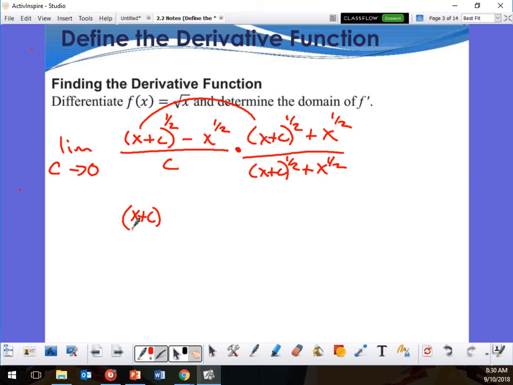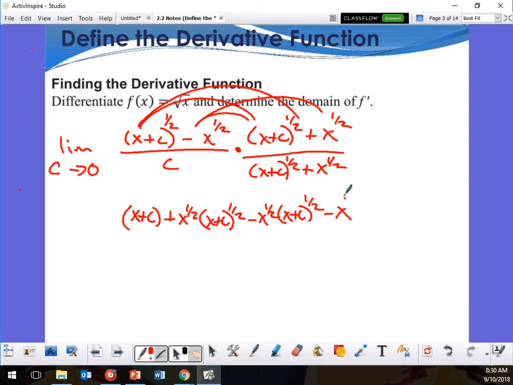All right, so now keep going over here. It's going to be plus x to the 1/2 times x plus c to the 1/2. Next one's going to be minus x to the 1/2 times x plus c to the 1/2, right? And over here, this is going to give me minus x to the 1st, right? And on the bottom, I'm going to leave that factored.